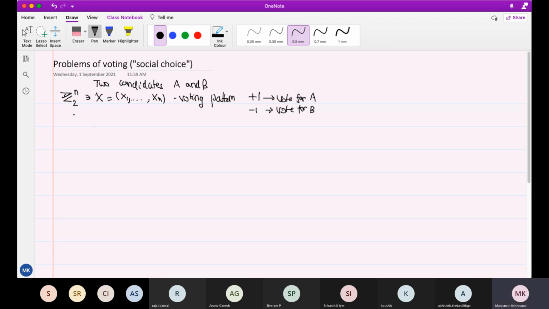And if we take a Boolean function, Boolean function means it takes values in -1, 1. It's a manner of combining the votes to get a decision.